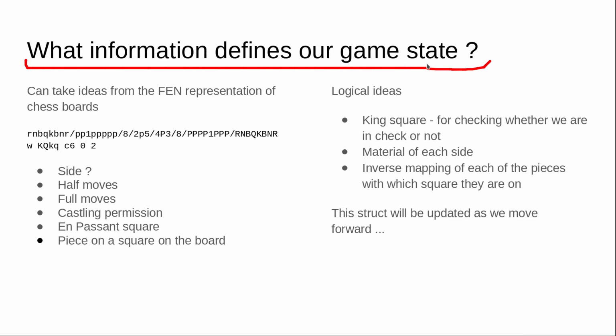So if we want to define the game state, we should be able to uniquely represent your pieces on the board and the side which is moving. For defining the game state, we can take some idea from the FEN representation, the Forsyth-Edwards Notation.